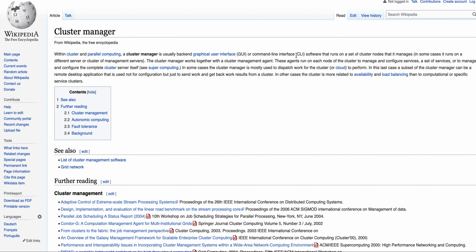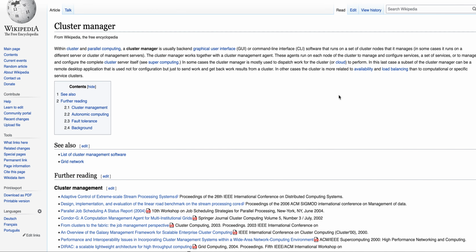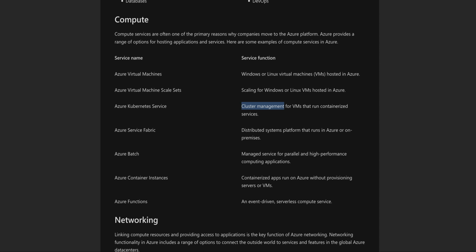Okay, I was searching for Kubernetes and it's not there. So we can make a note and go through this a little later, right?